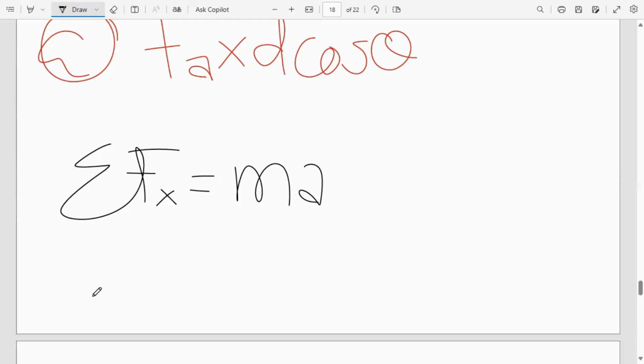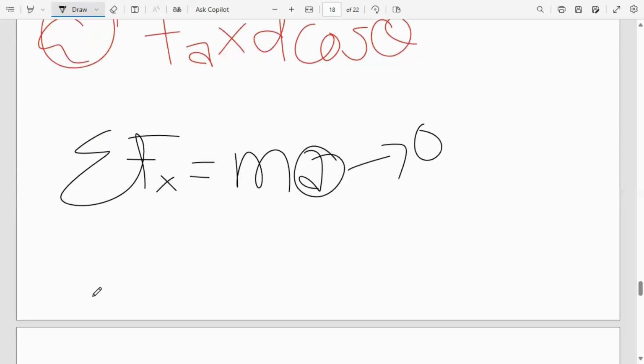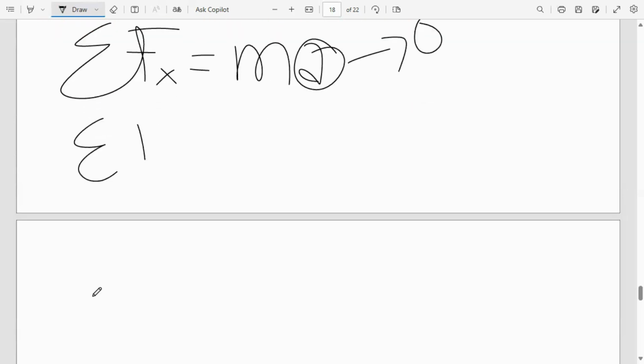But if you remember very well, they've said this cart is moving at a constant speed. If it is moving at constant speed, that means our acceleration here is equal to 0, and so the summation of forces in the x-axis is equal to 0.